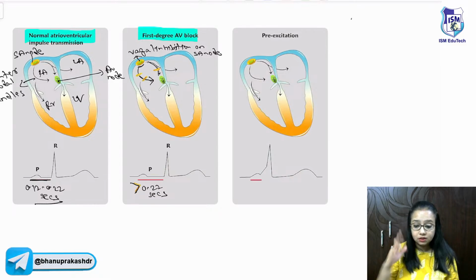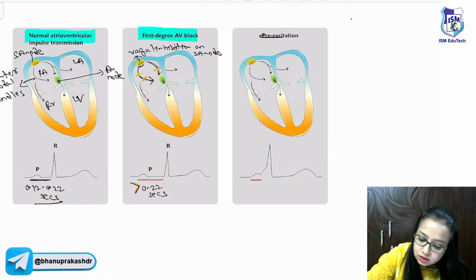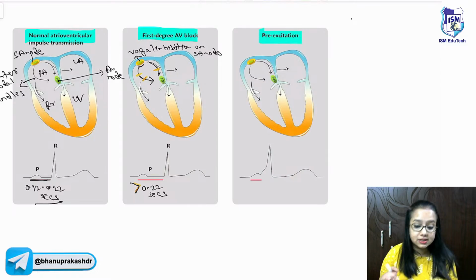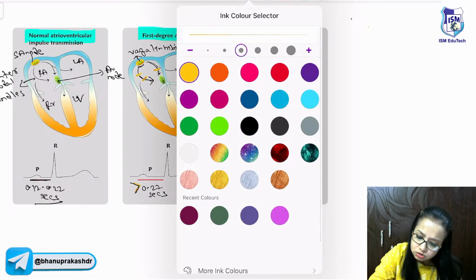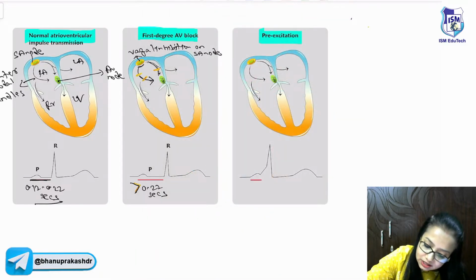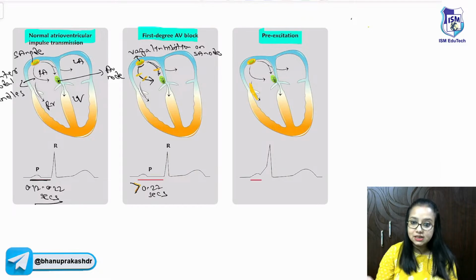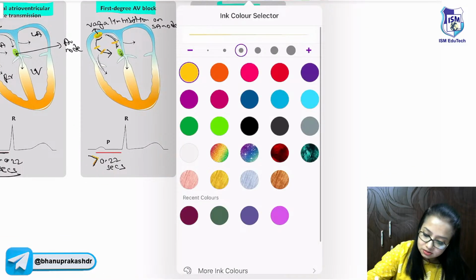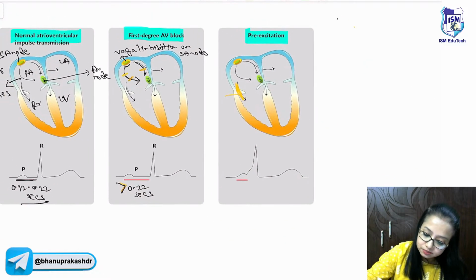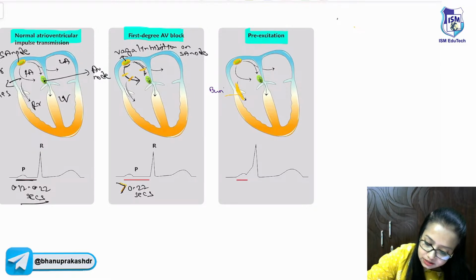Okay. There can be a third scenario, the pre-excitation. Now, pre-excitation, again, we have mentioned in the last class. What is pre-excitation? Say, due to some reason, there has been a generation of an extra conducting bundle, an accessory pathway which is capable of conducting the impulse, which is termed the bundle of Kent.